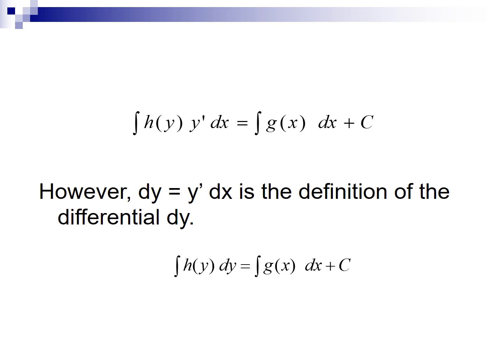Y prime dx, if you go back to calculus, is the definition of the differential dy. So the y prime dx we can replace with the dy. So we'll have the integral of h of y dy is equal to the integral of g of x dx plus c.